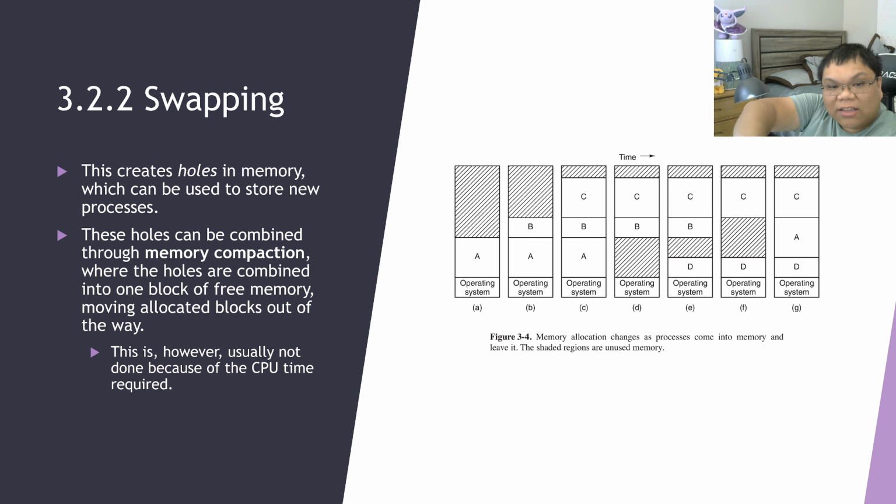That way, all these holes bubble up to the other end of the physical memory space. This effectively combines all these little holes into one big hole. This isn't done all that often because it requires a lot of CPU time to move everything.